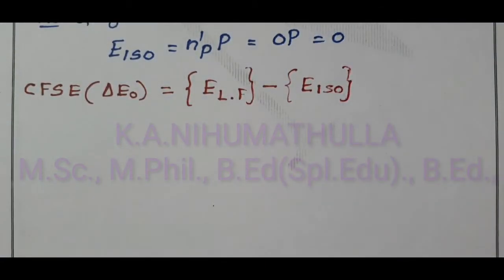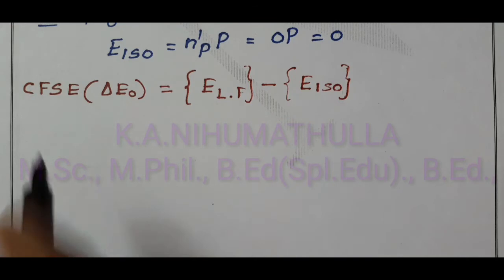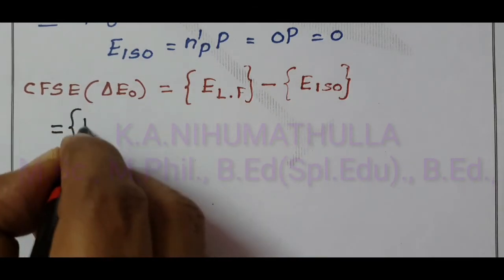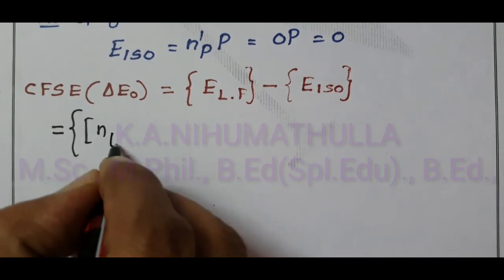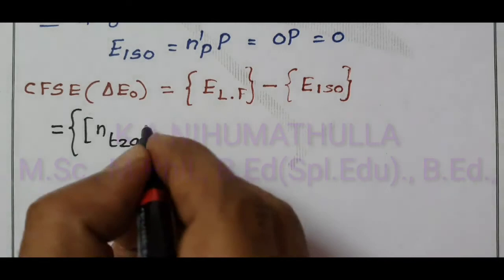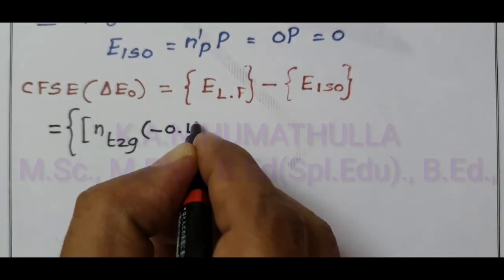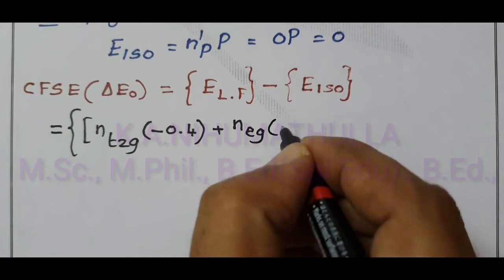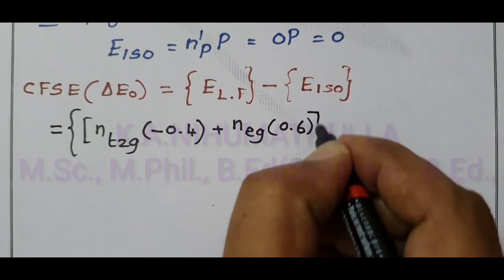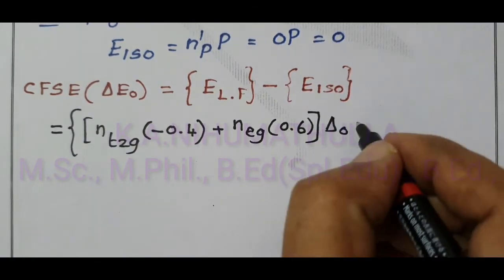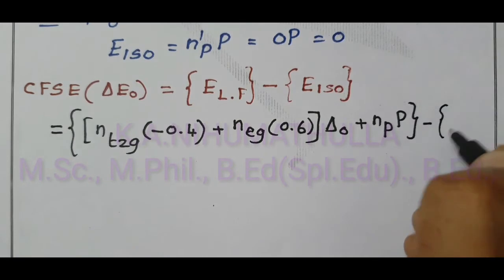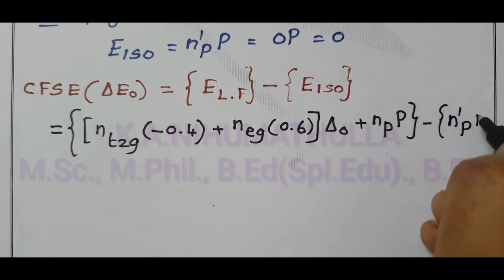Now I write the formula: electronic configuration of ligand field, square bracket, n into t2g, the number of electrons in the t2g orbital, into minus 0.4, plus the number of electrons in the eg orbital into 0.6 delta O, plus the number of paired electrons into pairing energy, minus the number of paired electrons in the isotropic field into pairing energy.